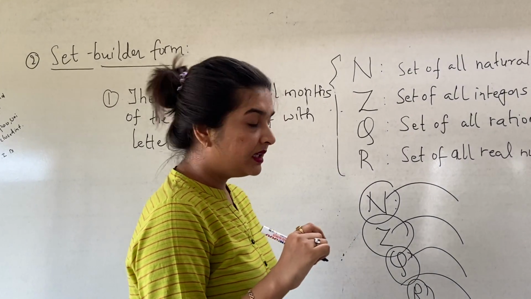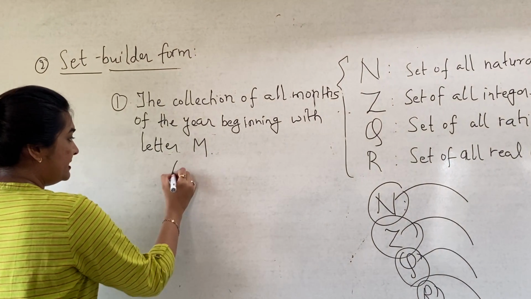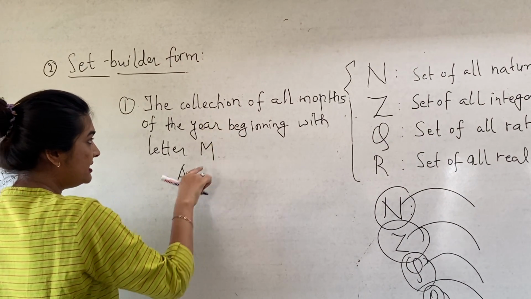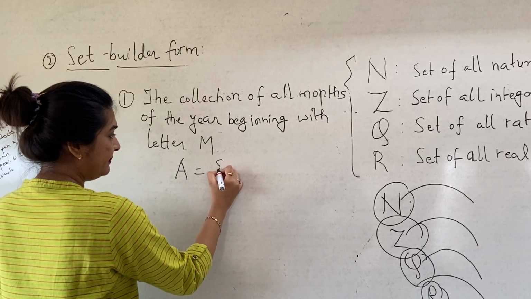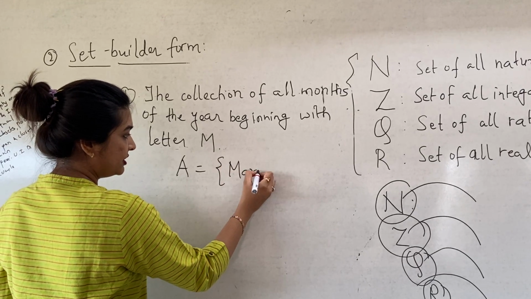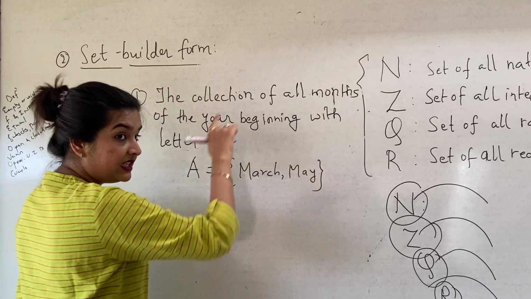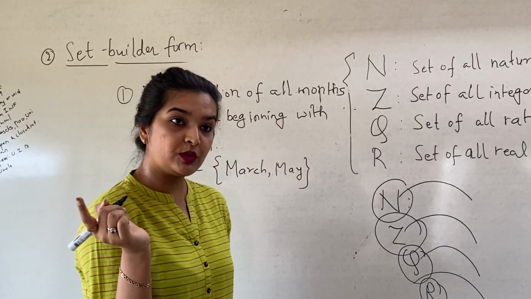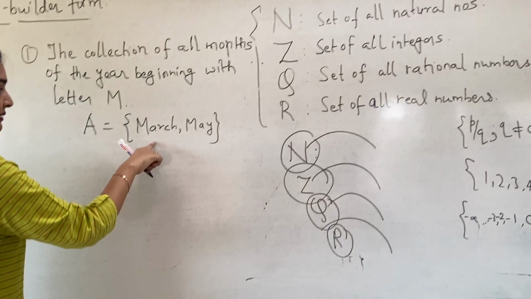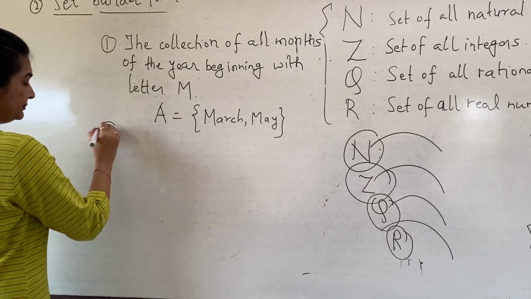Yes or no? First of all, what are the months of the year beginning with the letter M? That is March and May. This is well defined as well as a collection also. So yes, this is an example of a set.